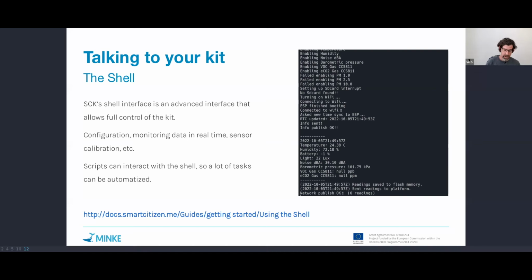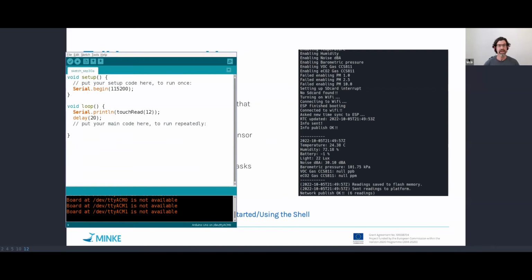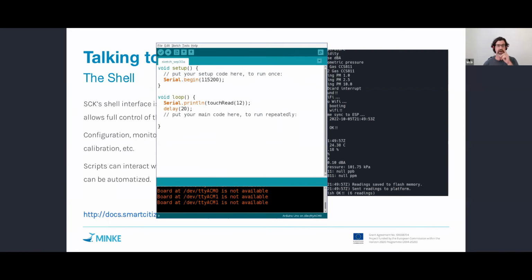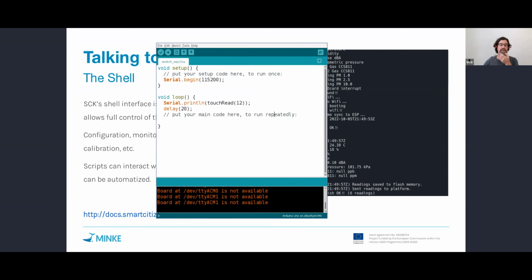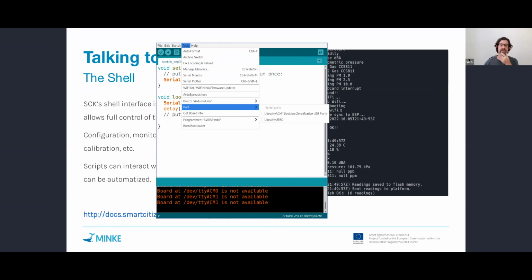When you install the Arduino IDE, the one that I told you at the beginning of the webinar, you will have a screen like this. And in the tools menu, you can select a port. A port means any device that's connected to your computer that offers an interface that can be a serial interface.